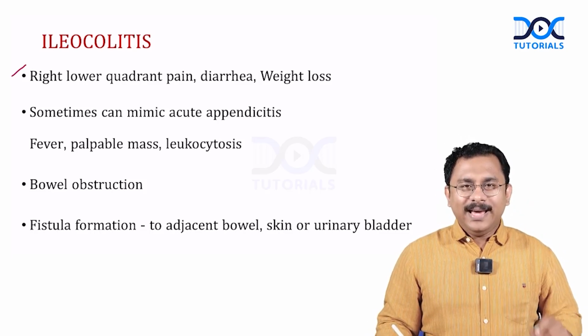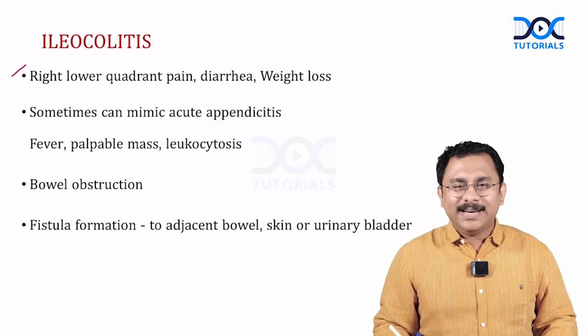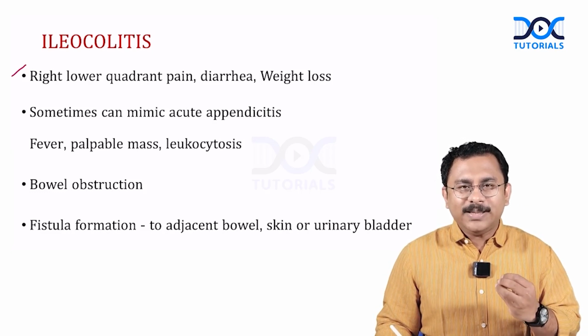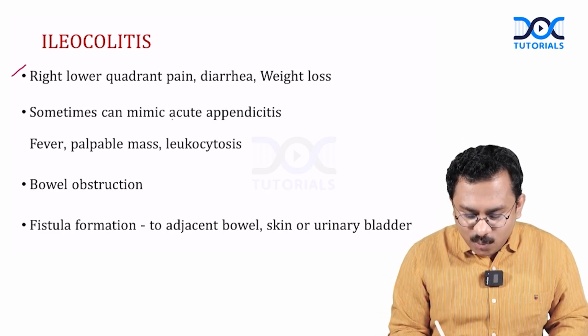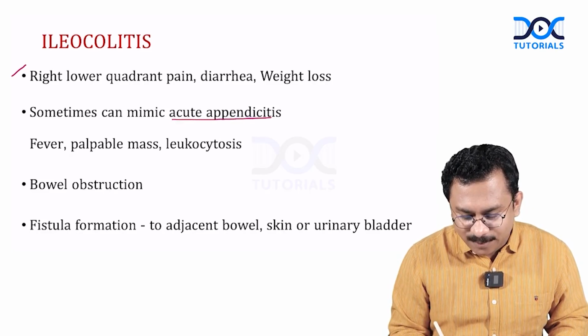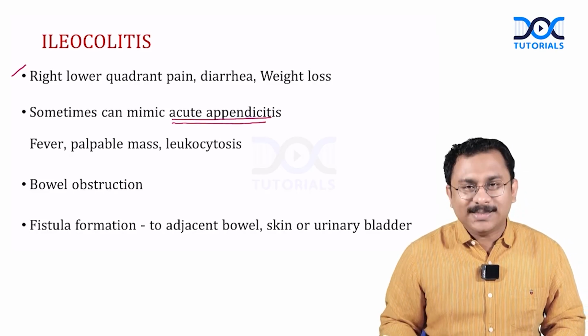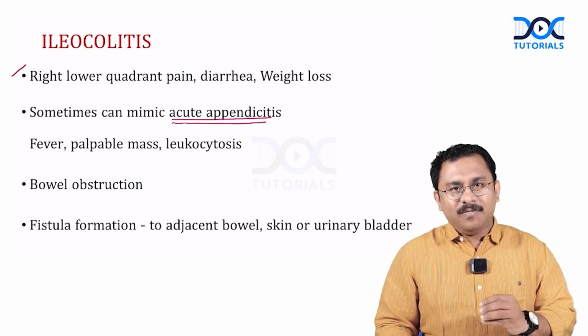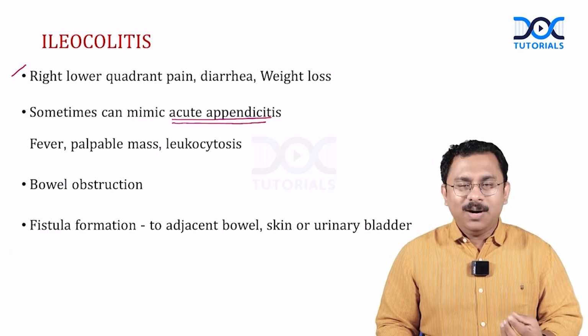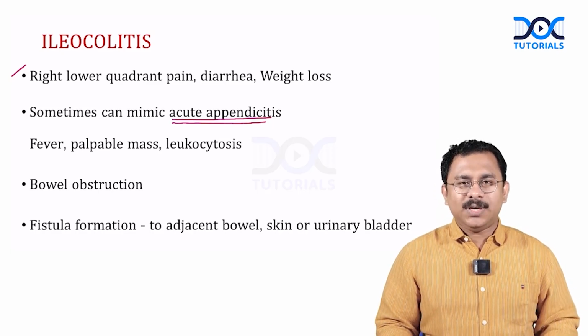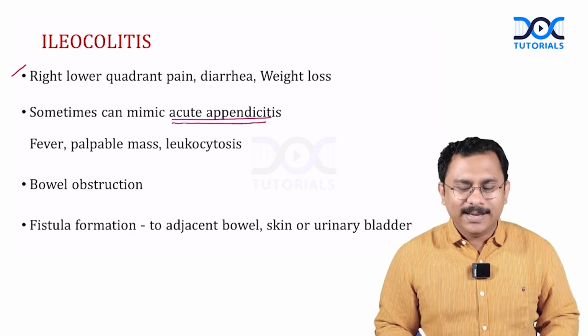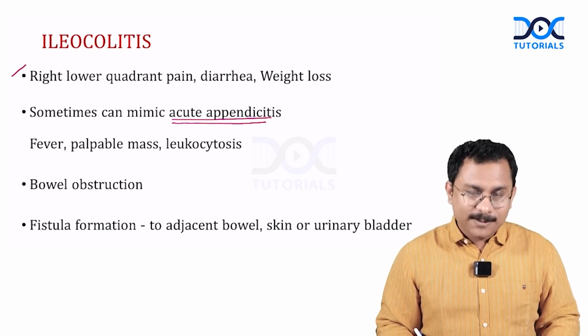Sometimes the clinical presentation can very much mimic acute appendicitis, wherein the patient can have fever, a palpable mass, and leukocytosis. So similar to acute appendicitis, you can have a presentation.